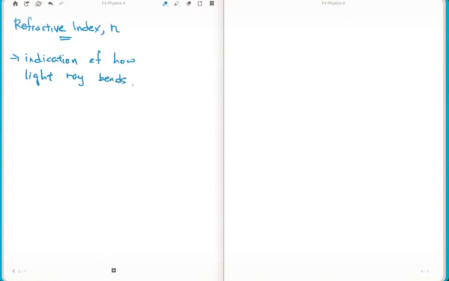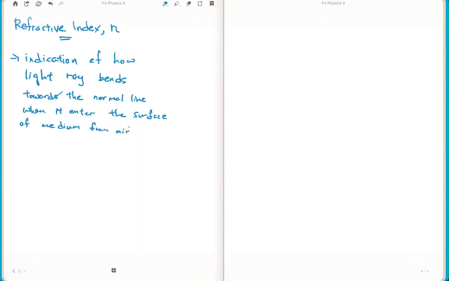This is some of the objective questions. It indicates how light bends towards the normal line when it enters the surface of a medium, which is most of the time glass, from air.